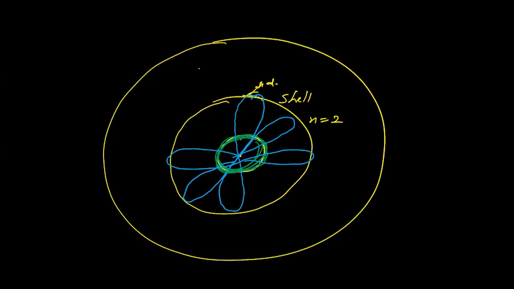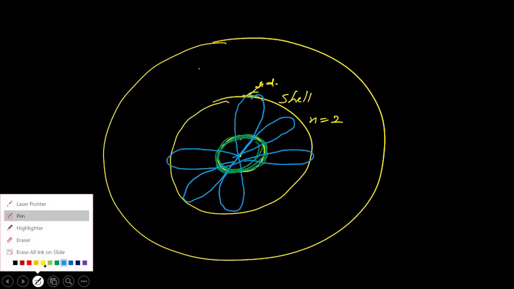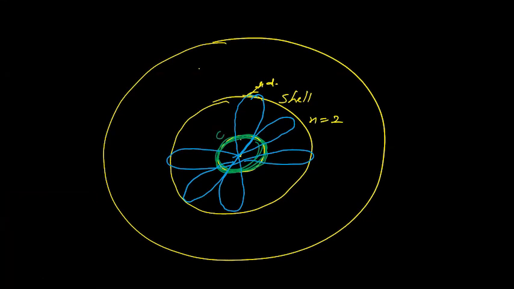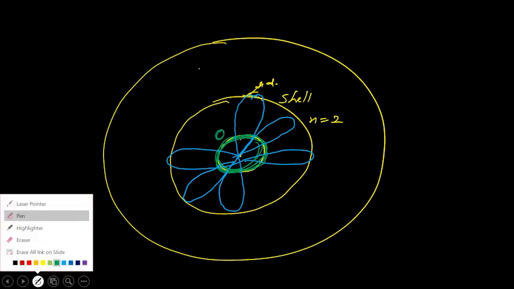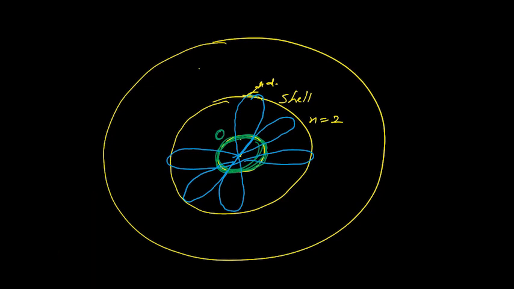Sir, then you have represented the s orbital by that smallest circle. Yes. So S orbital is 0. S is given name as 0. And P subshell is given name as -1, 0, plus 1. There are 3 orbitals in P subshell. These are 3 p orbitals.